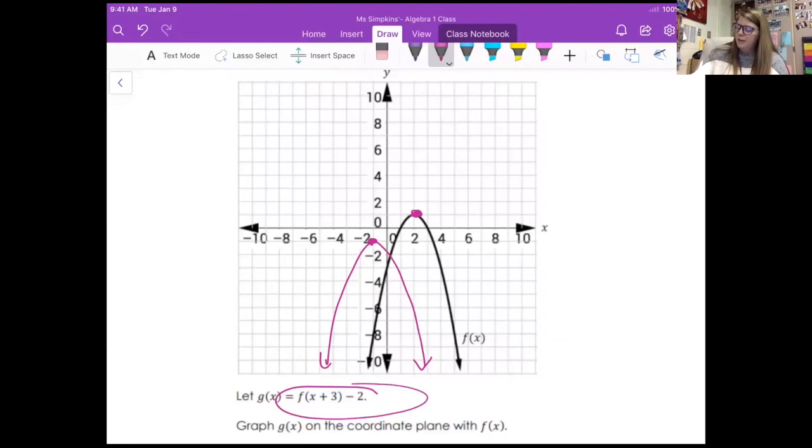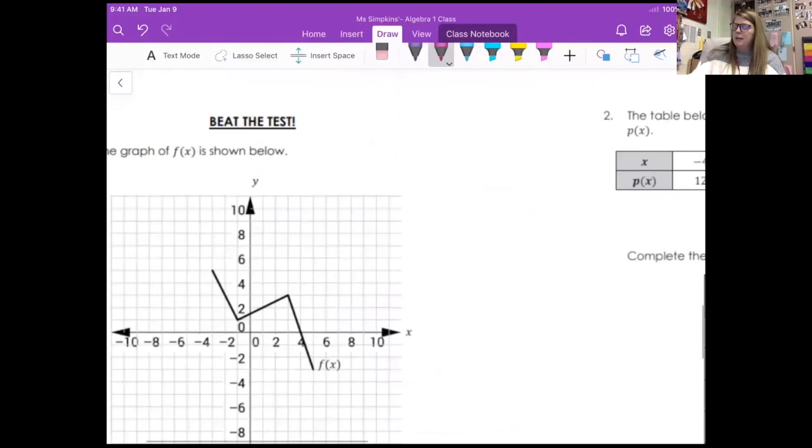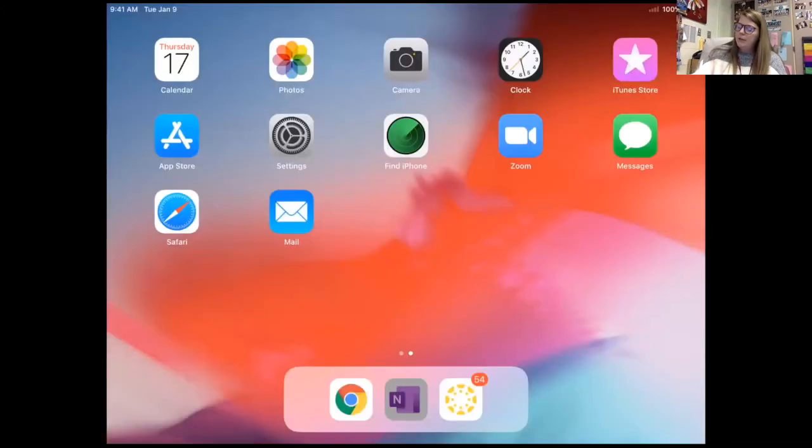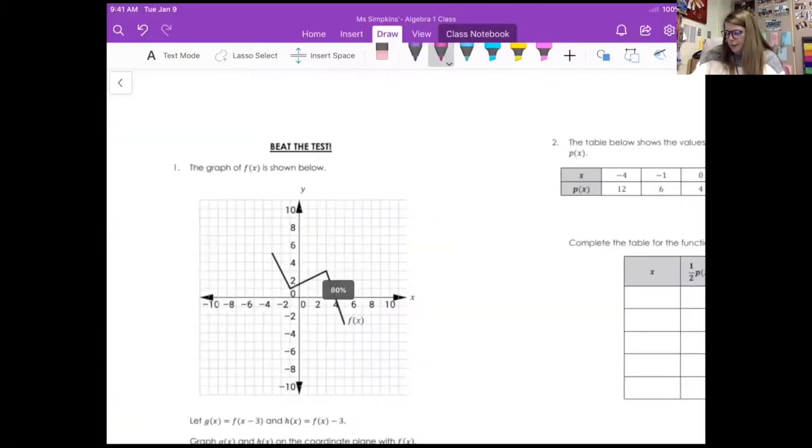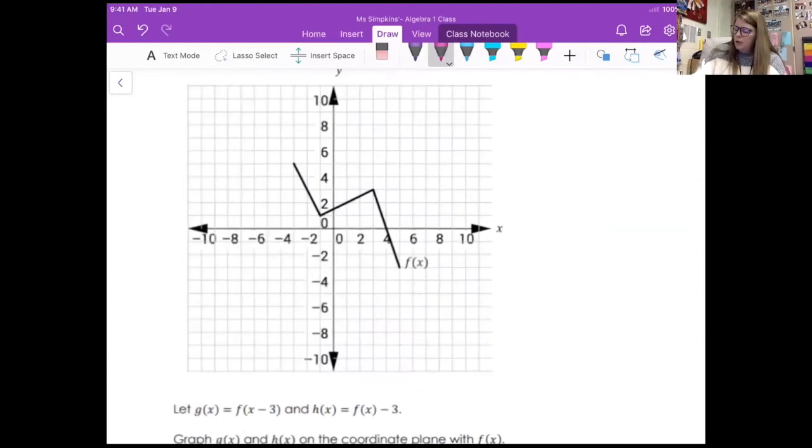All right, let's look at another graph. We're going to look at one more graph and one more table. For this next graph, we're actually going to be making 2 transformations. The first one, our new graph is x minus 3 in the parentheses. So what direction is that going to move? -3 in the parentheses. Right.